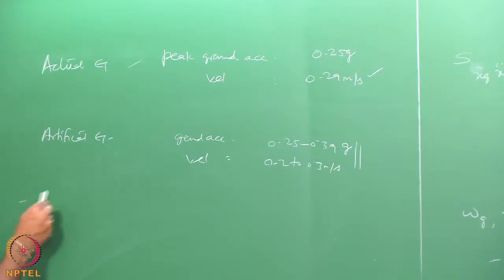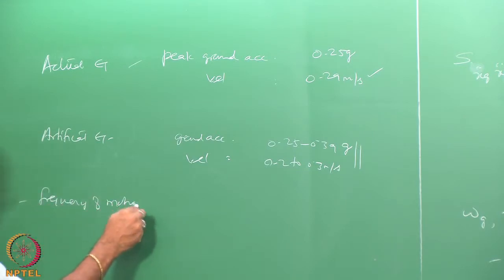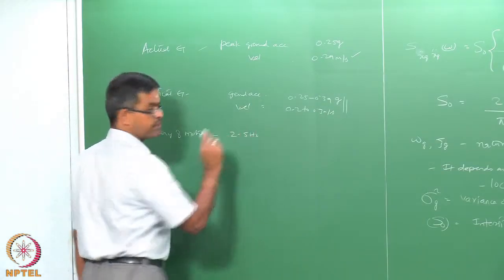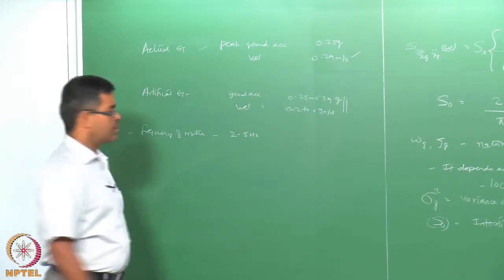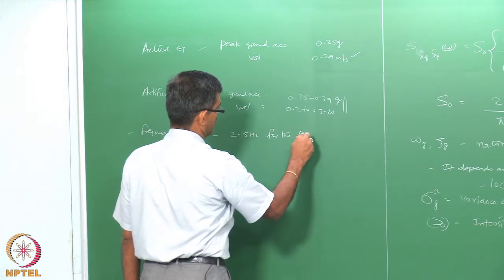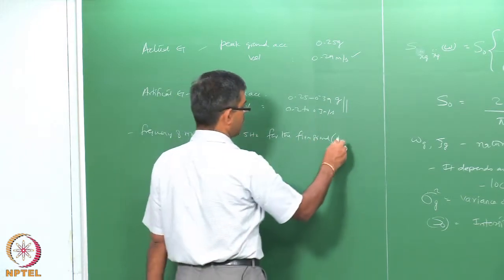Okay. The frequency of motion which is required for the simulation is set as 2.5 hertz for the firm ground, as suggested by Nigam 1983.